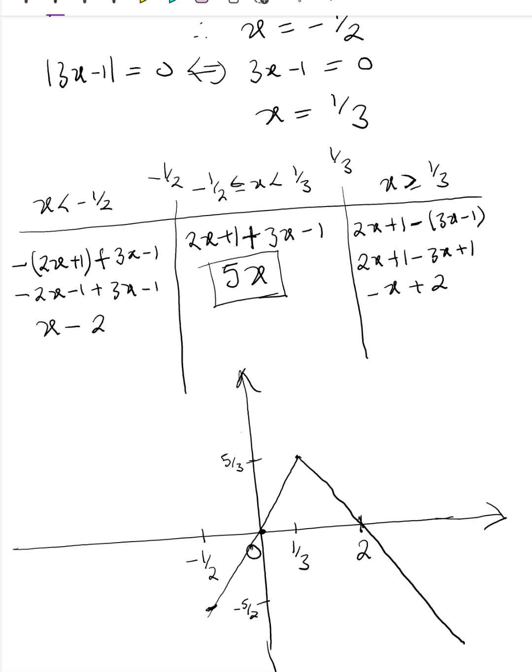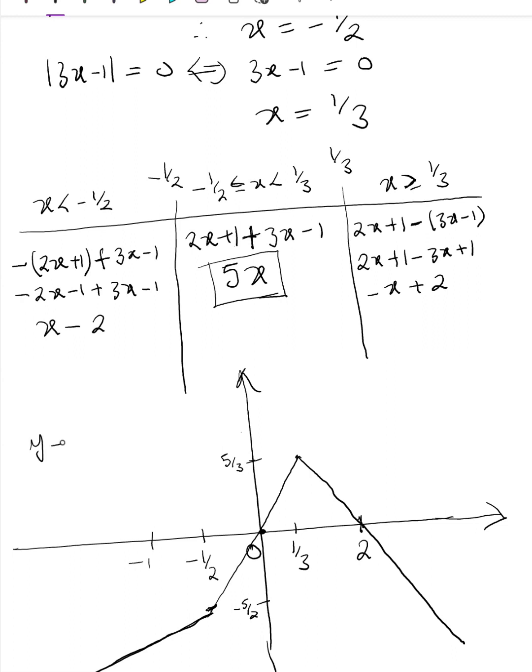On the left part, this will just go like that. So why is it going like this? Say I pick negative 1 here.